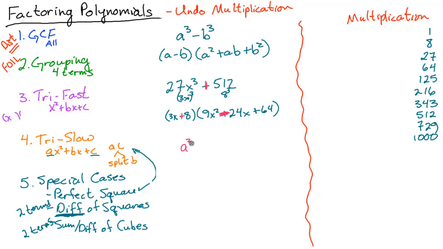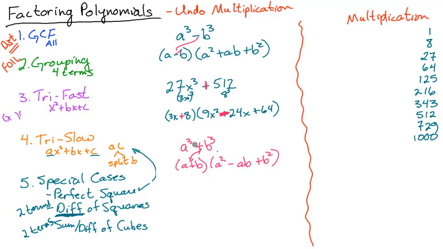If you have a cubed plus b cubed, it's going to be a plus b, then a squared, ab, and plus b squared. And the way I remember it is notice how these two signs match. Yeah, these two signs match.